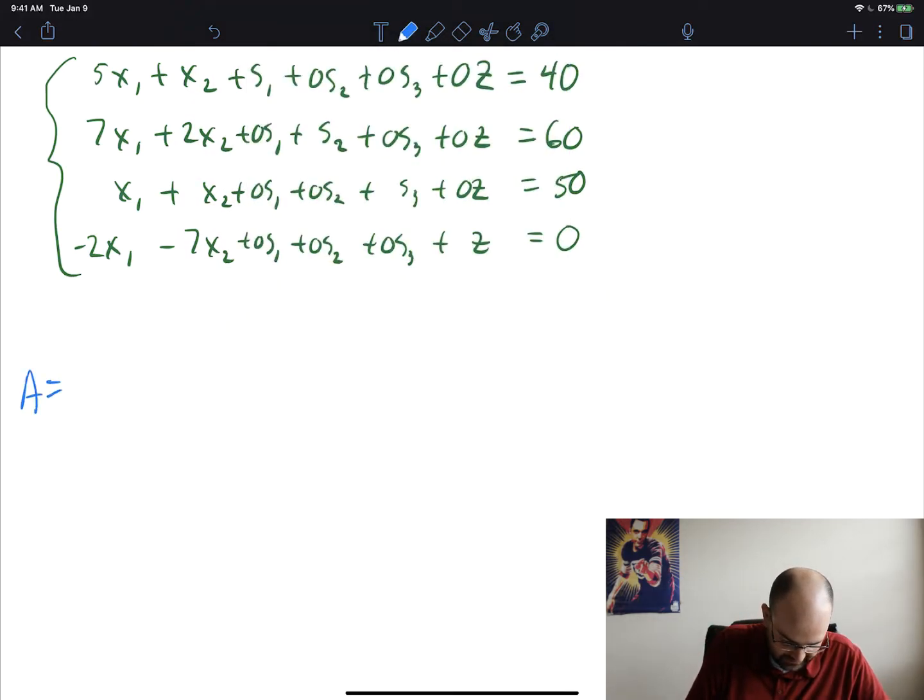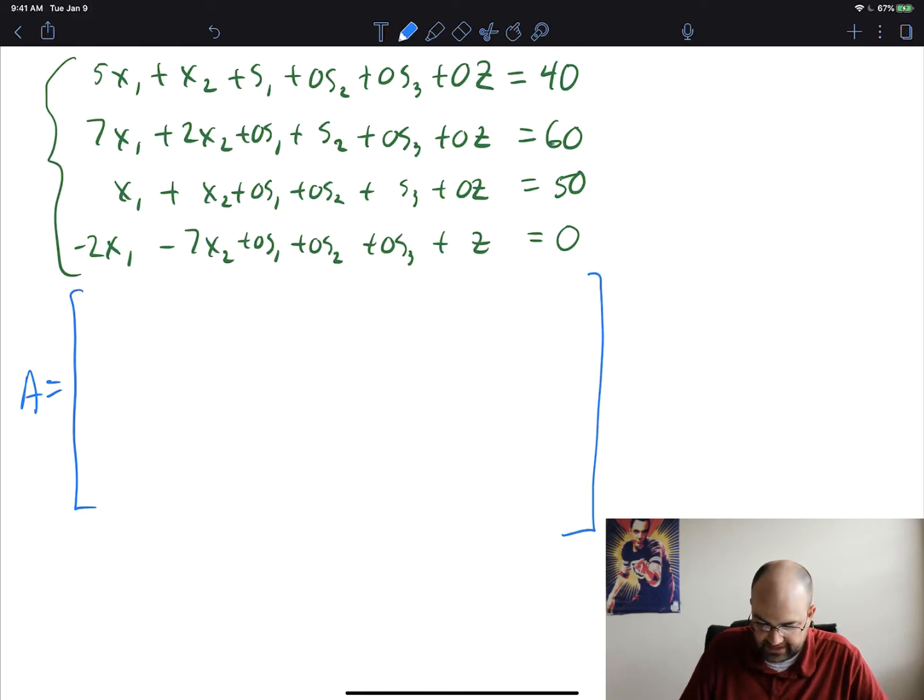Our initial simplex tableau, the size of it's going to be 4 rows by 7 columns.